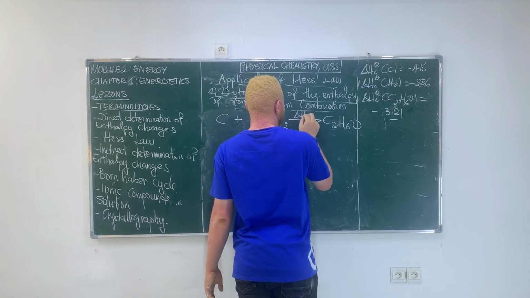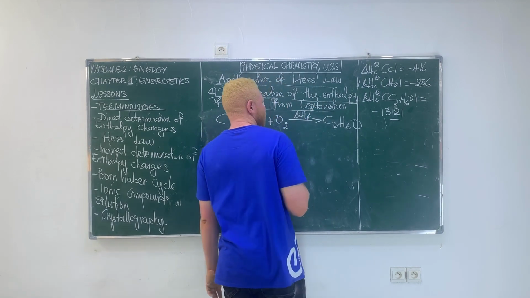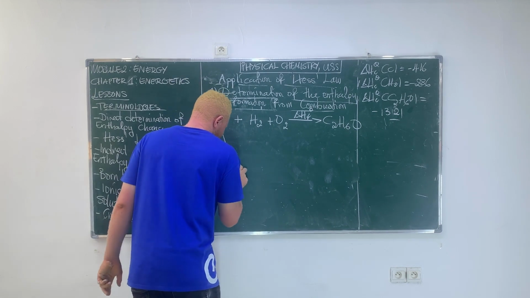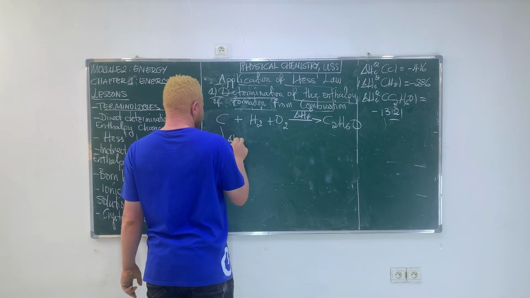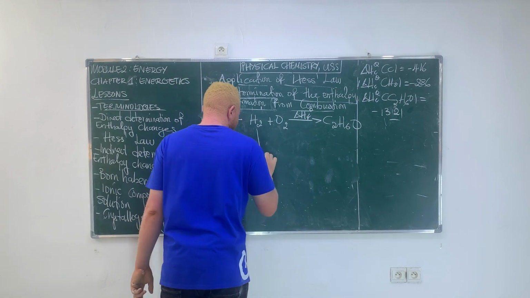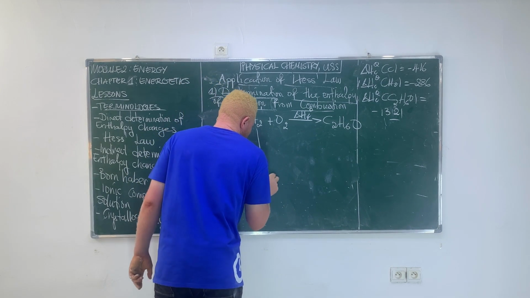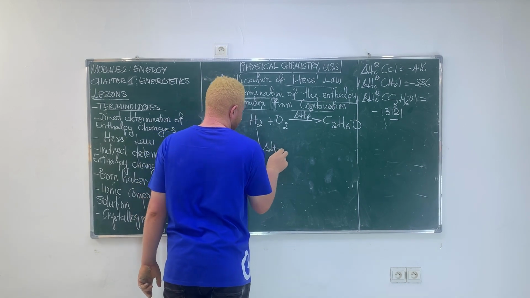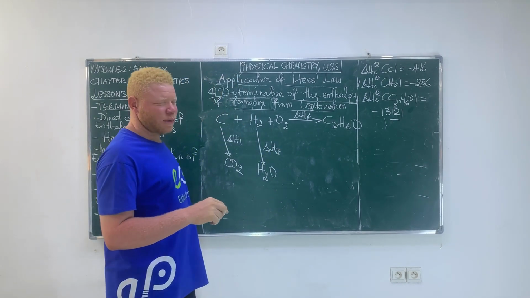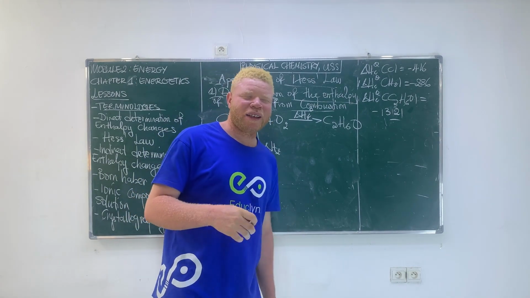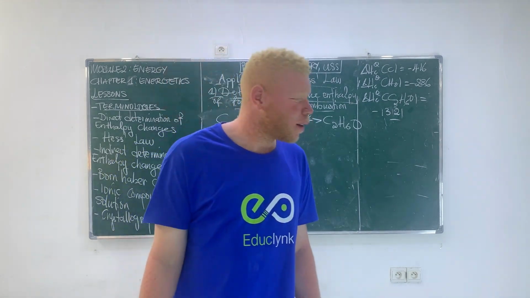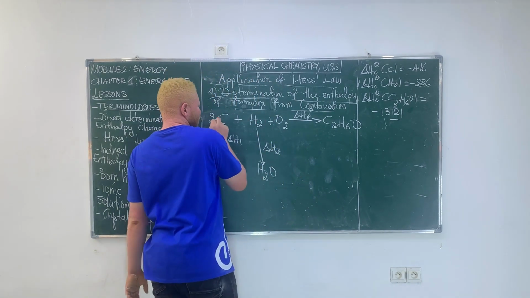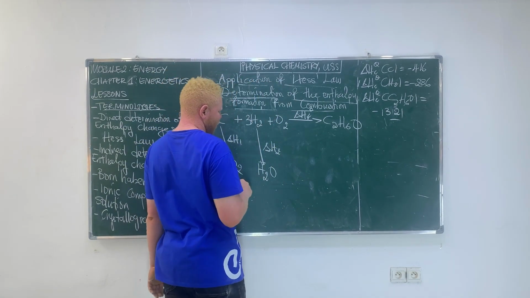I call it ΔH1. When you burn hydrogen, you have water. I call it ΔH2. To balance the equation, you put 2 here and 3 here.